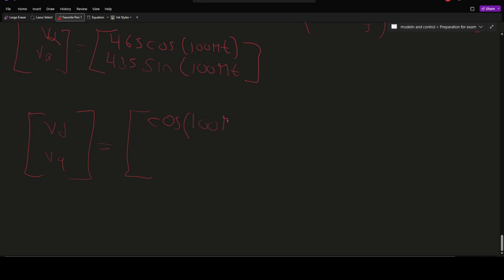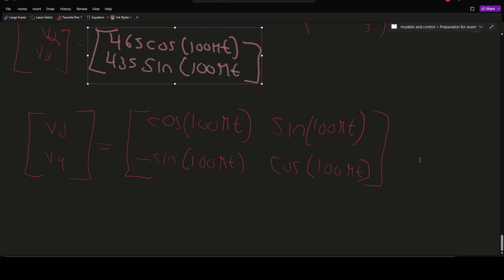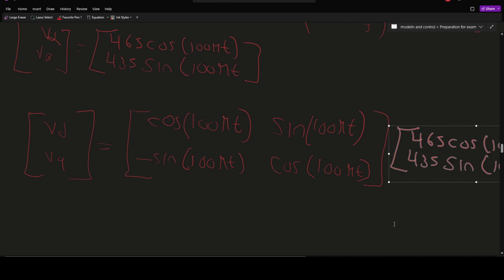In this case, they are telling us the angle is 100 pi t, then we have here sine of the angle, minus sine of the angle, and cos 100 pi t. Then we multiply this by what we just found here. Actually, let me just grab this, because this is what we're multiplying by.